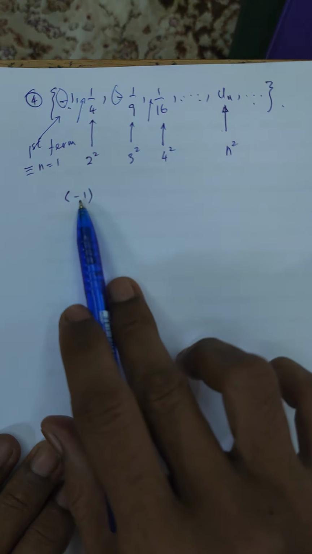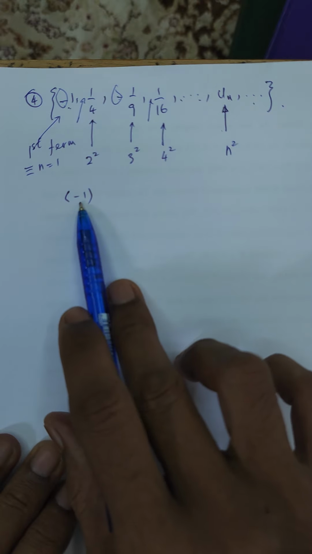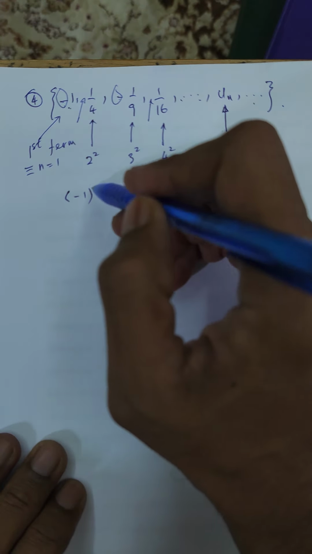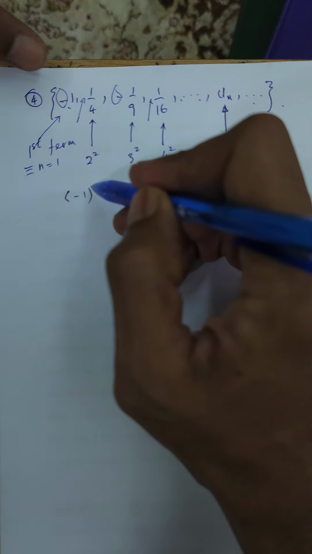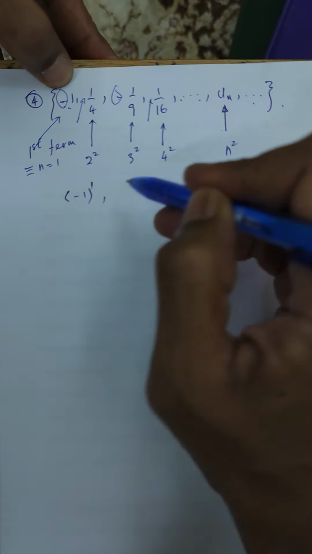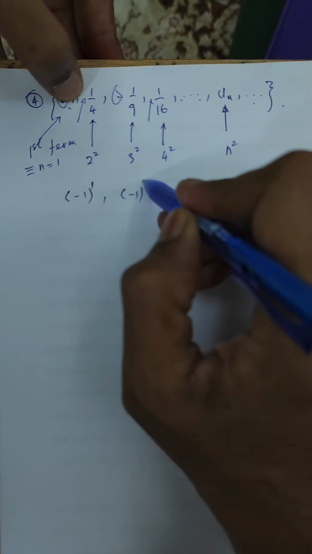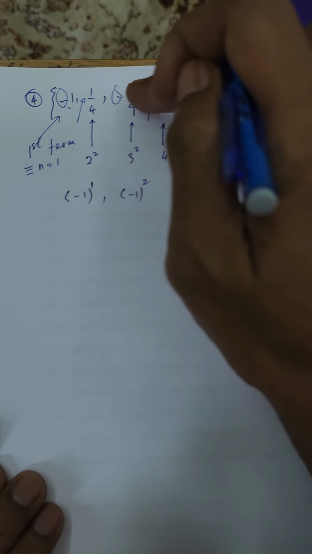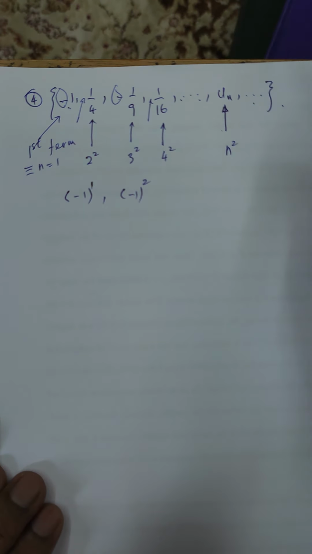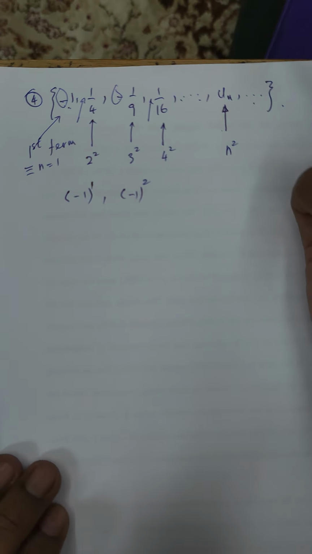So we have to get the negative here, so we have this to the power of 1 for the first term. For the second term, because this is positive, we need an even power. And then for the third, we need again an odd power. Because this is the third term, n automatically gives you the odd power.